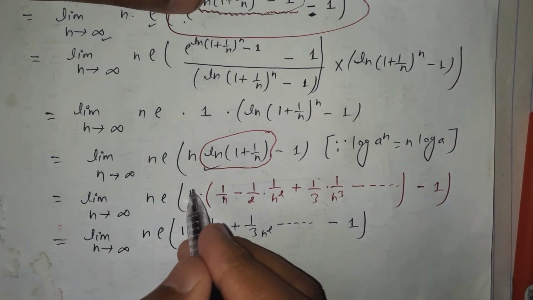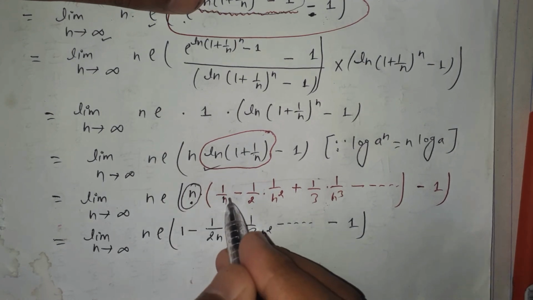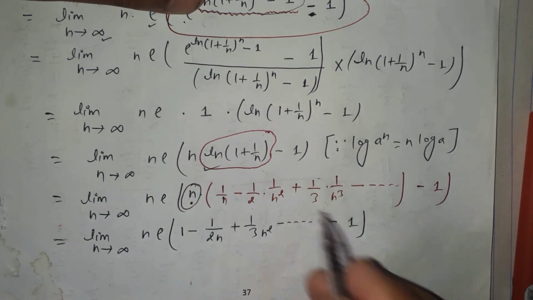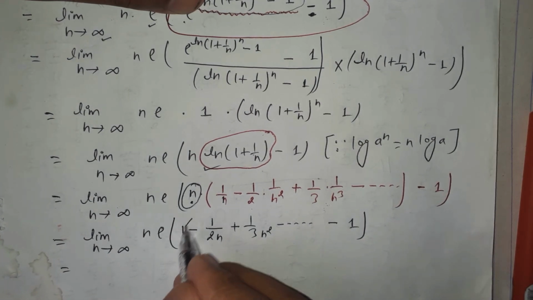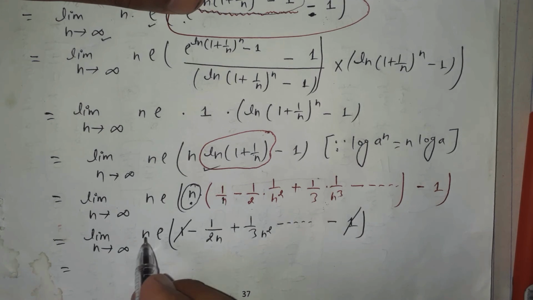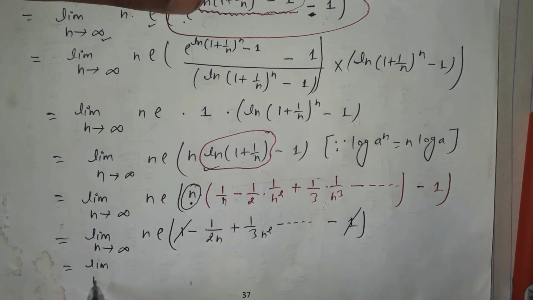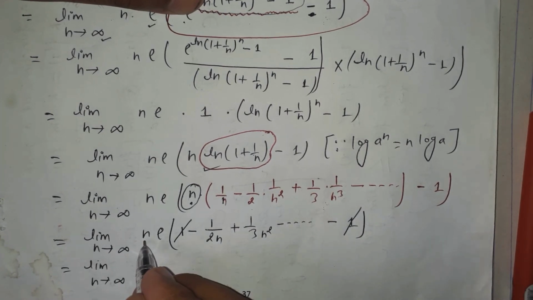Here we multiply this n to each term of this infinite series, and then the positive 1 and negative 1 will be cancelled out.